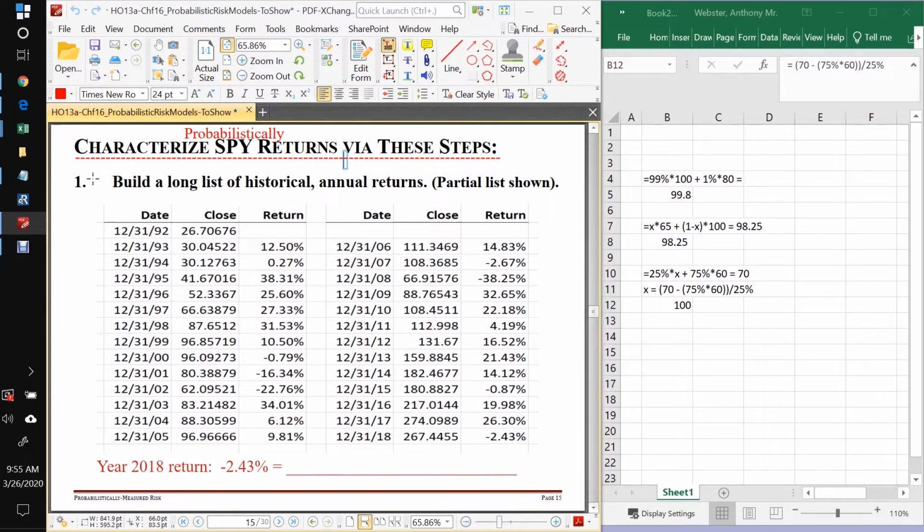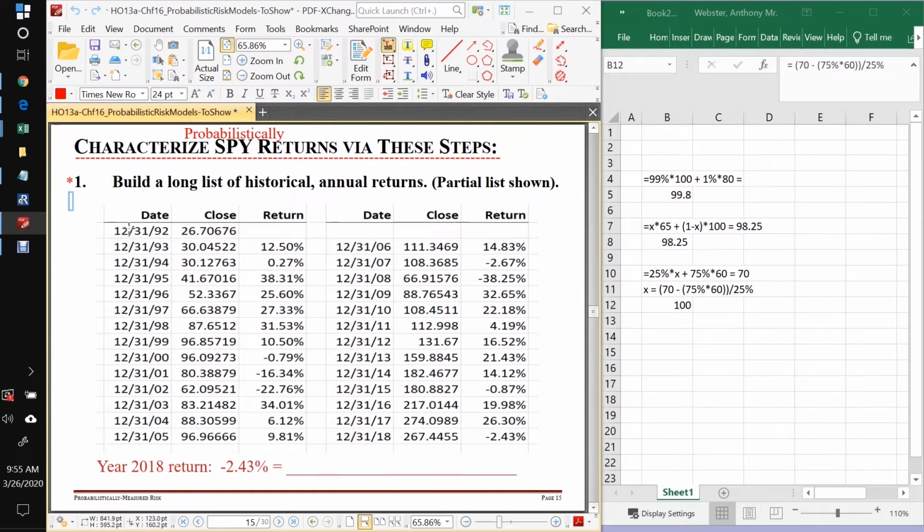So to start with our characterization of SPY returns, step number one is we want to look at what's happened historically. So we're going to build a long list of historical annual returns. I've got a partial list shown going back to 1992, but we would want to go back way beyond that, at least to 1980, maybe farther.